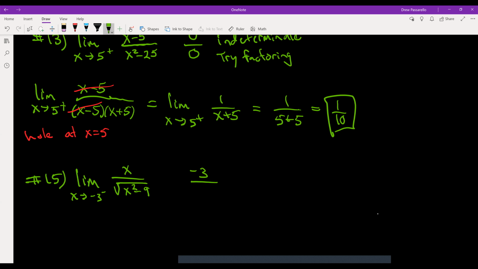On the bottom, there would be the square root of -3 squared minus 9, which is going to be the square root of 9 minus 9, which is the square root of 0. And you get -3 divided by 0. And you can't divide by 0, so this is undefined. So we need to see, can we still determine the limit, even though when you plug in -3, it's undefined.